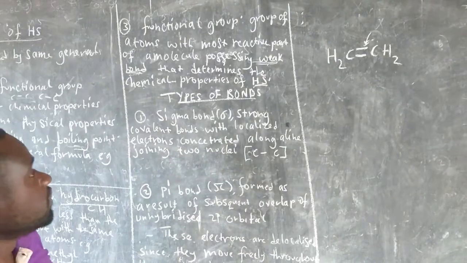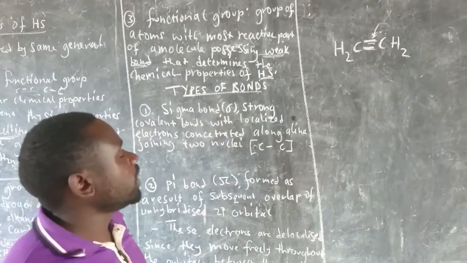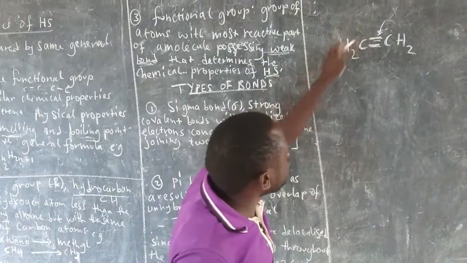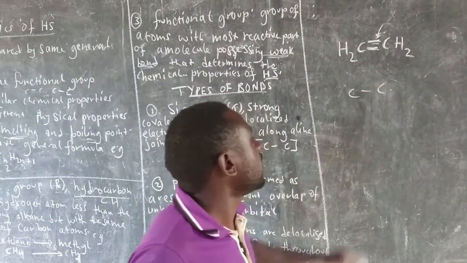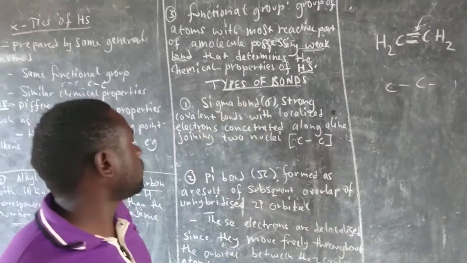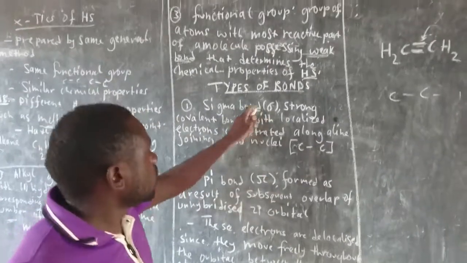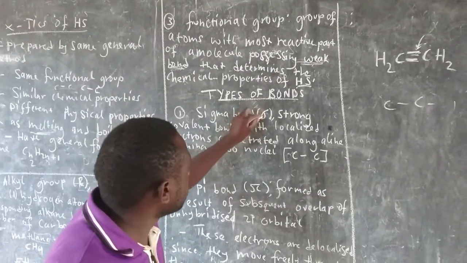And as we have been talking about bonds, we need to talk about the nature of bonds between carbon and carbon or other atoms. Now we have types of bonds, and the first bond is the sigma bond, noted by this symbol, sigma.